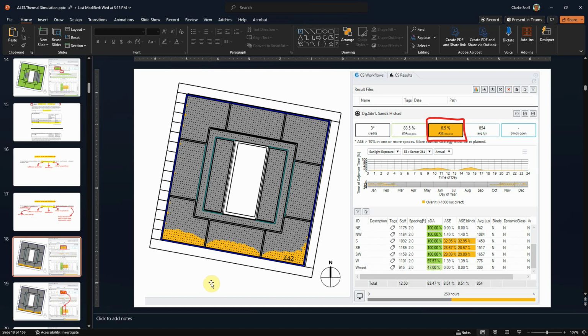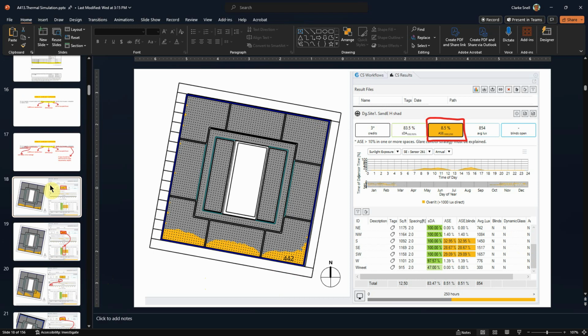So this is a narrative-driven certification or credit. We could say this part of the building is a greenhouse, so we took it out of the calculation, or we could make arguments for why we had more than 10%. So in our outputs, we don't lose the credits just because we have more than 10% in some rooms, because we may want to make a narrative. That's why they look this way in the outputs.